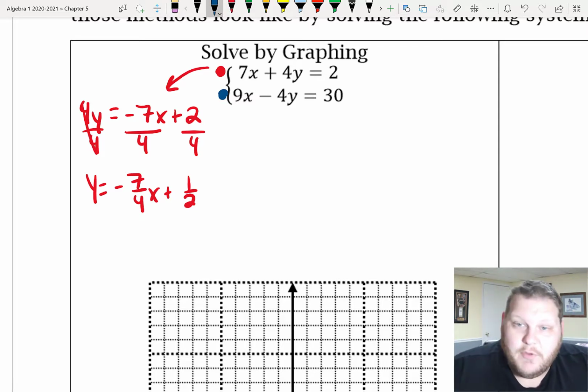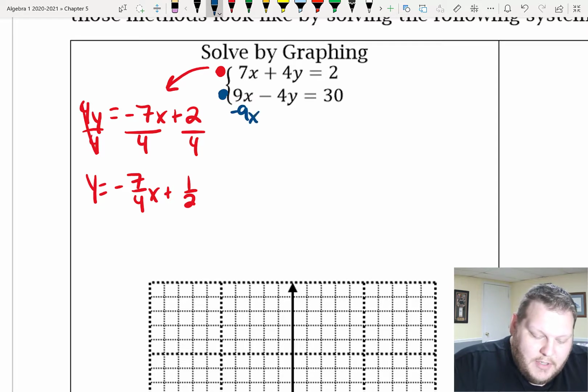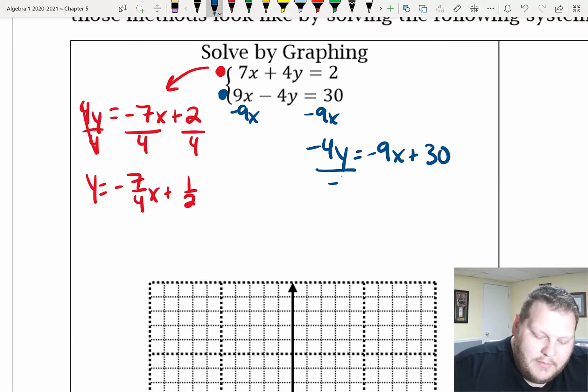Now I'm going to do the same thing with my bottom equation in blue. Again, I'm starting by moving my x term to the other side. That gives me negative 4y equals negative 9x plus 30. I divide through by negative 4 in all three parts of my equation.